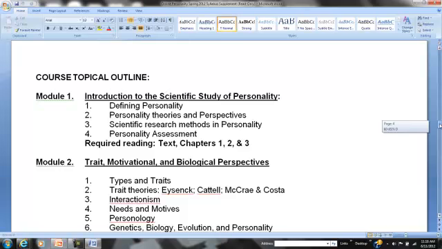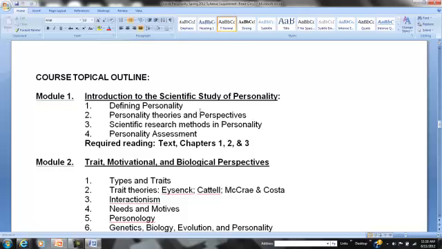In Module 1, we basically got you introduced to how scientists study personality, defining personality. We went over, just briefly, the different perspectives and understanding the importance of theory in describing personality.